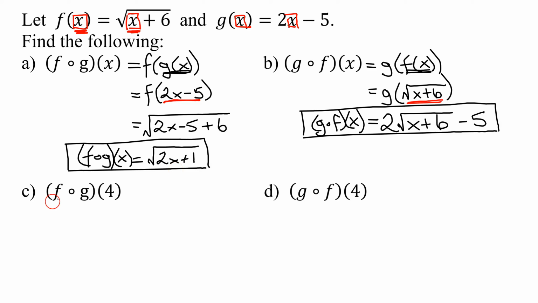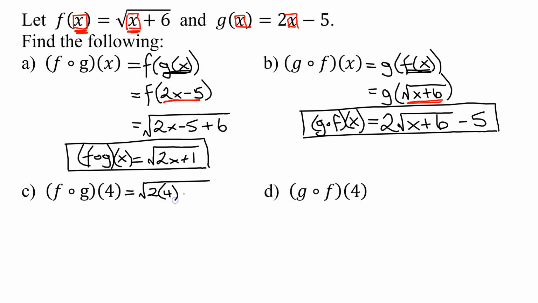So now let's move on to part C, where we have to find f composed with g of 4. Since I've already found f composed with g of x, the quickest way to find this is just plug a 4 into my definition of f composed with g of x. So I'm just going to get 2 times, what's x have to be? 4.